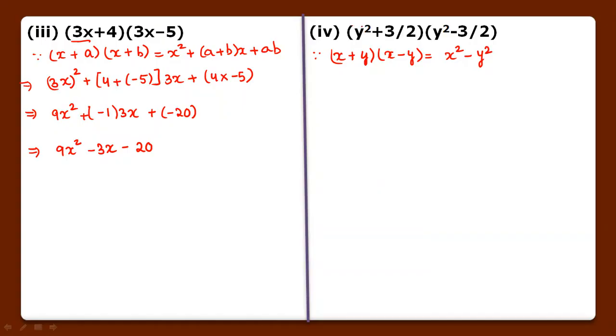X is here y square, so y square whole square minus y here is 3 upon 2. 3 upon 2 whole square implies y to the power 4 minus 9 upon 4.